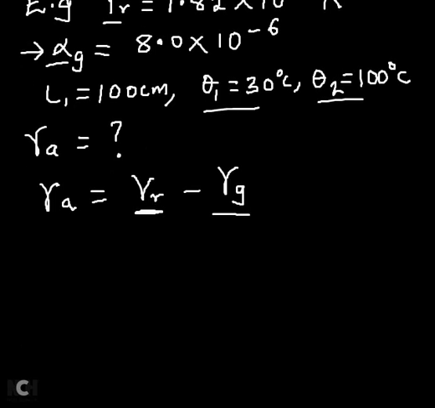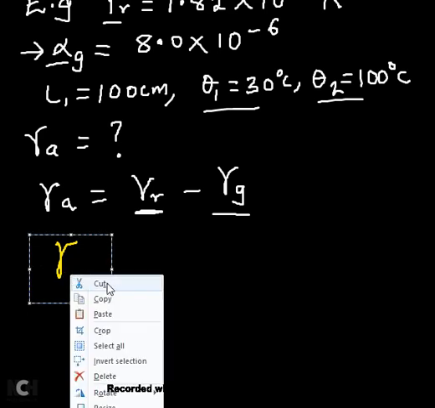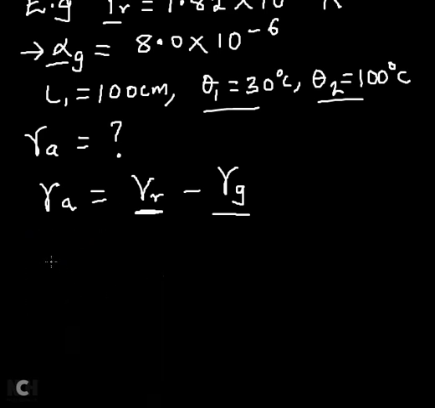There's always a relationship. The relationship has it that if you want to convert linear expansivity to cubic expansivity, you multiply it by 3. So if you multiply 3 times alpha, you are going to have cubic expansivity, which simply means that cubic expansivity is always 3 times linear expansivity.